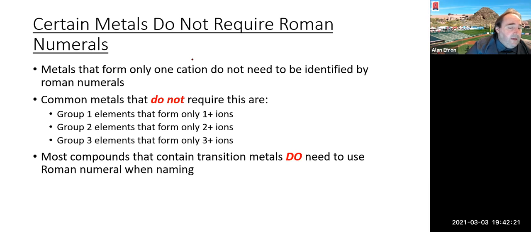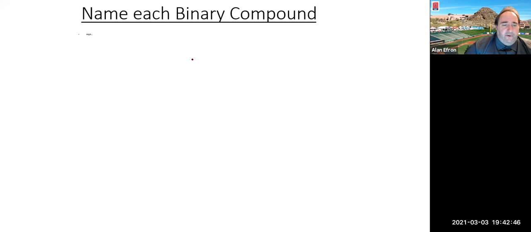Those guys do not need Roman numerals, and they are type 1 compounds. Now, most of those transition metals, as we talked about, and again, just to the right of the transition metals, when they hook up with non-metals, they will need Roman numerals because they really do have that ability to do multiple types of charges.